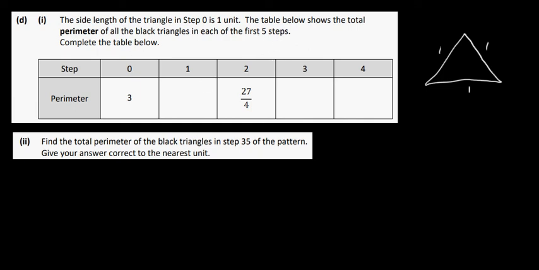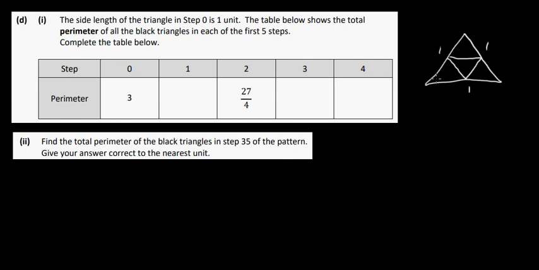Complete this table. So we can see here that the perimeter is just going to be 1 plus 1 plus 1, which is 3. Now if we were to take the triangle where we're dividing these sides in half, all these side lengths are a half.